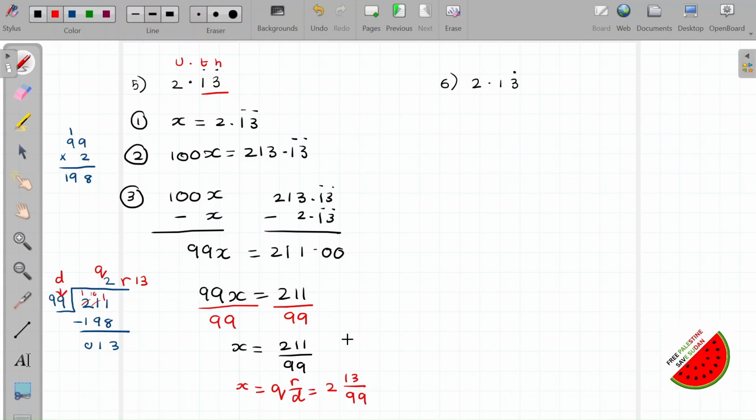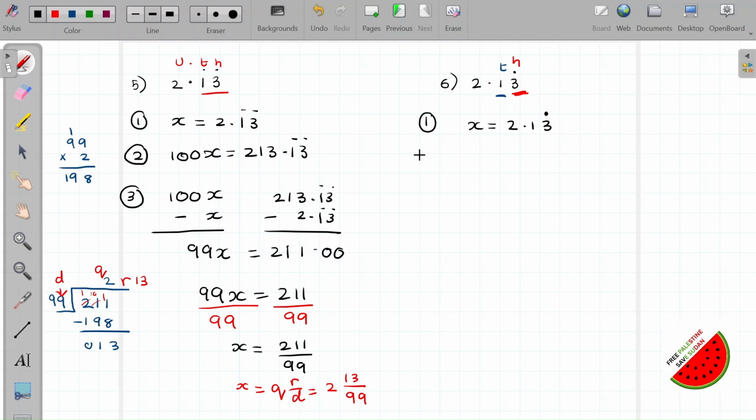Okay, now the last one. Here we have only one recurring digit, which is the 3, in the hundredths place, and we have a non-recurring digit, which is in the tenths place. So there are going to be 2 multiplications. So first, x is equal to 2.13, with the dot over the 3.